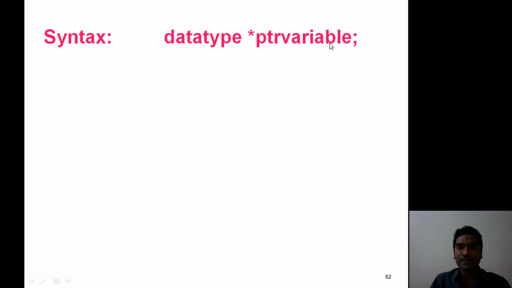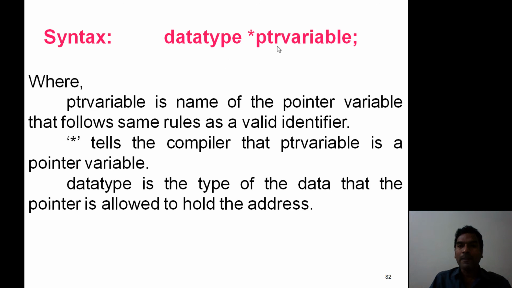Now observe the syntax: data type, asterisk, ptr_variable. Here ptr_variable refers to the name of the pointer variable, which follows the same rules as a valid identifier. The asterisk tells that ptr_variable is a pointer variable, and the data type specifies the type of the variable that is pointed to by the pointer variable.